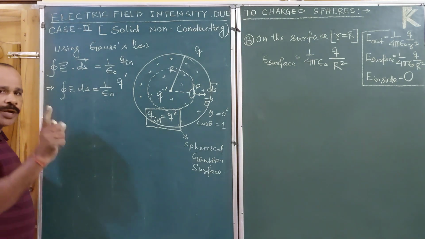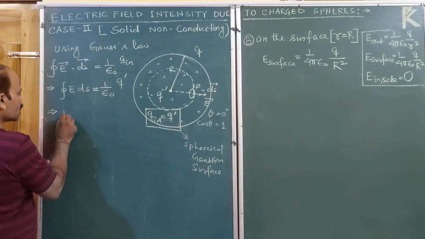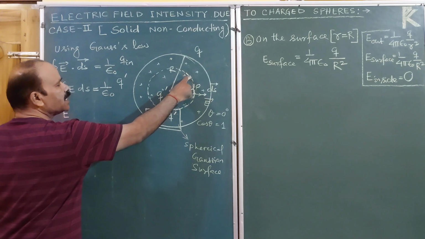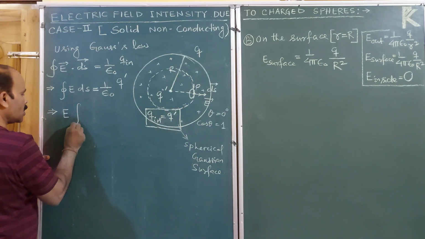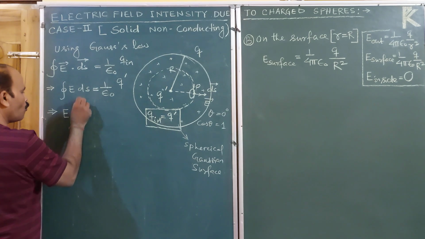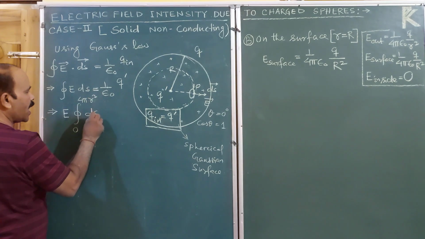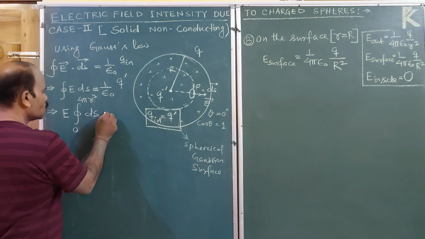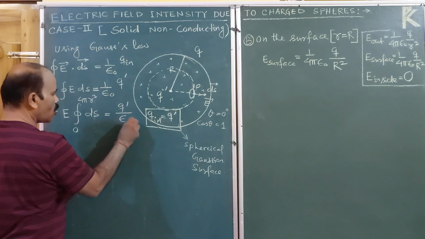Okay, this is the point to be understood. Please be careful. So E is a constant quantity. Okay, E, the magnitude of electric field intensity, is constant everywhere on the surface. So E is taken out of the integration. So integral of ds with limits 0 to 4 pi r square, cos 0 becomes 1, is equal to Q dash divided by epsilon naught.